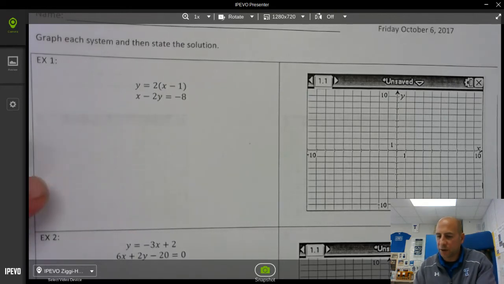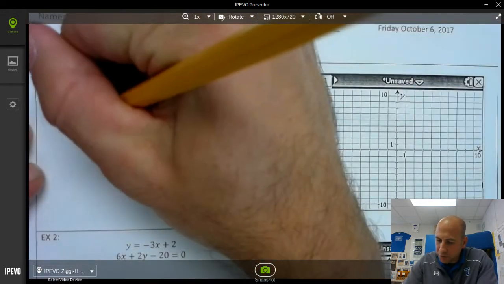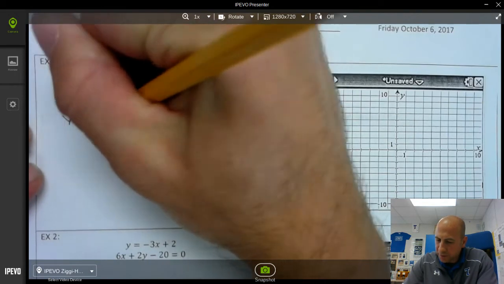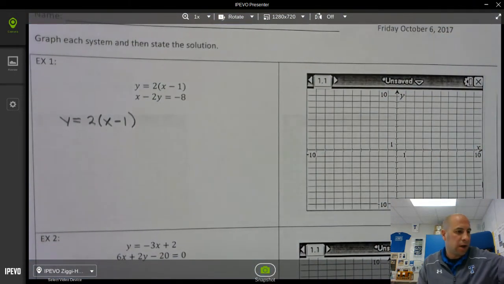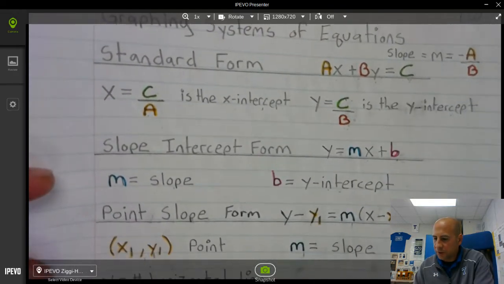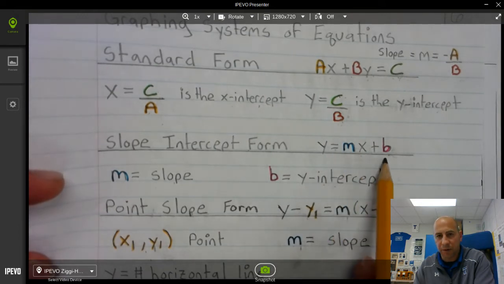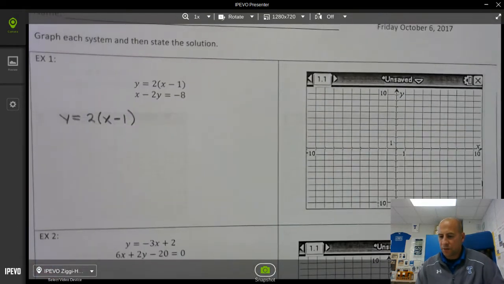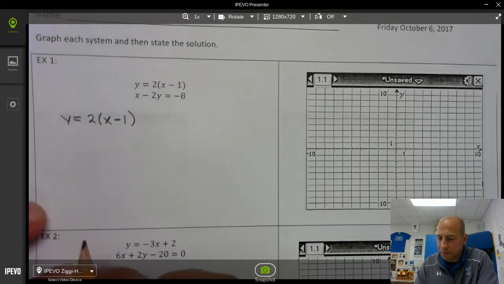So to graph, we need to look at each equation. Let's look at the first one. Y equals 2 parentheses x minus 1. So you want to be looking at your notes and see which one it matches. And it looks like slope-intercept form is the closest, which is y equals mx plus b. So we're going to distribute and put this in y equals mx plus b.